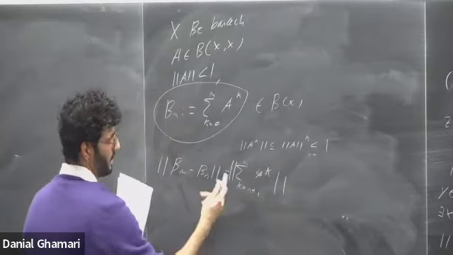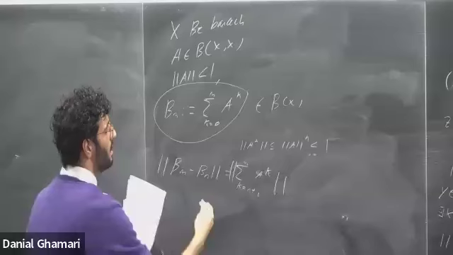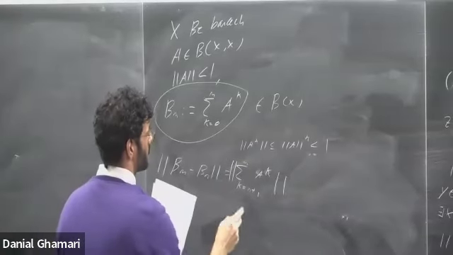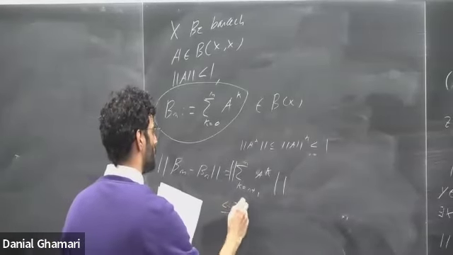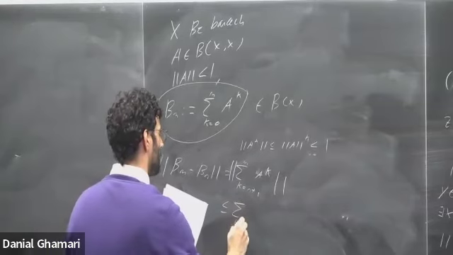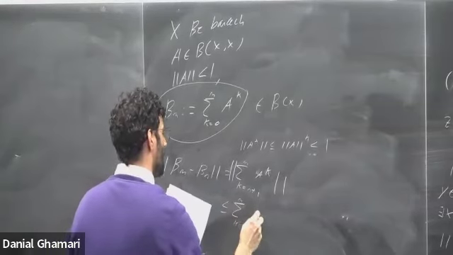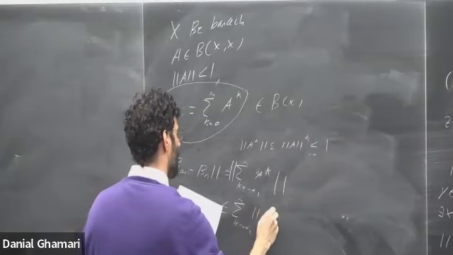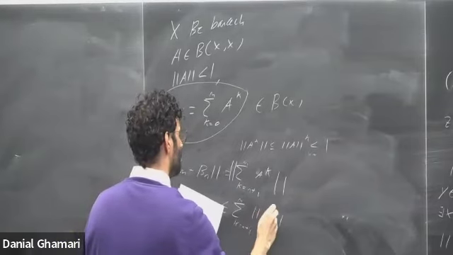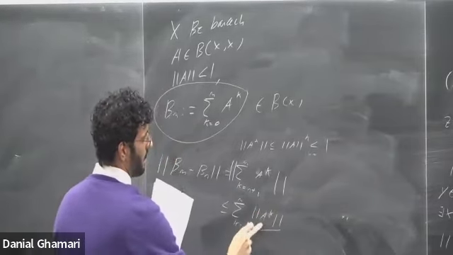So now what we can do is, again, same tricks we did before, right? We use the triangle inequality to pull the sum to the side. This is less than or equal to the sum from k equals n plus 1 to m of the norm of a^k. Then we can use the multiplicativity of the norm, so that is less than or equal to the sum from k equals n plus 1 to m of the norm of a to the k.